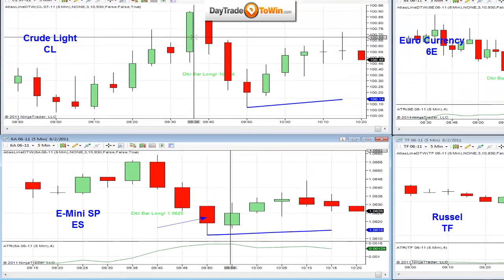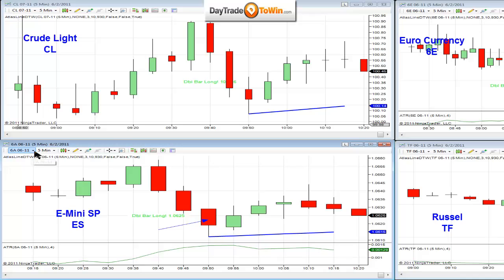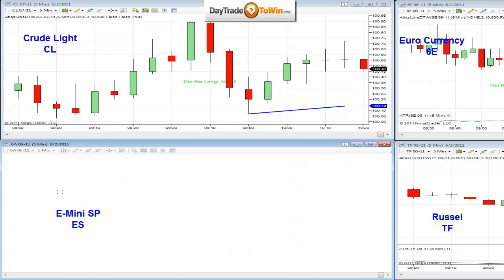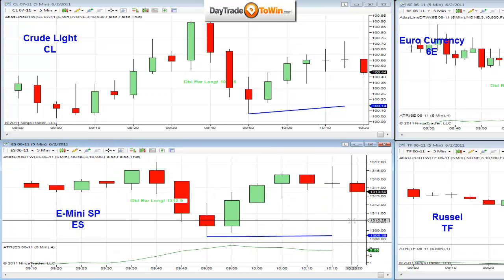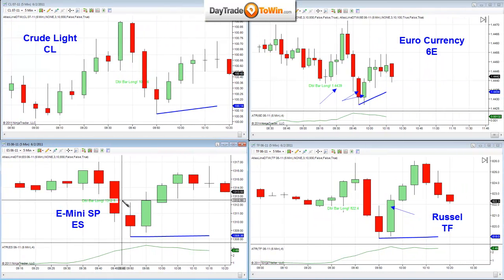Crude oil, a completely different market than a currency and or an E-mini. I don't even have the E-mini here. Let me get an E-mini up here. Okay, a completely different market than the E-mini. We have here an E-mini long right there, and so the crude light also gave us a long order.